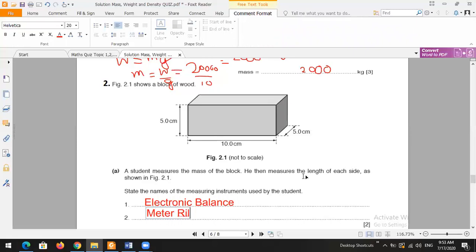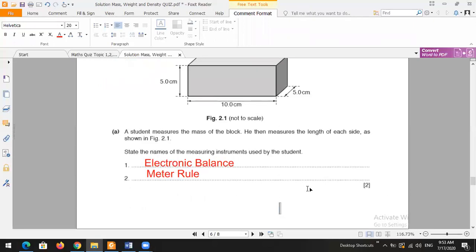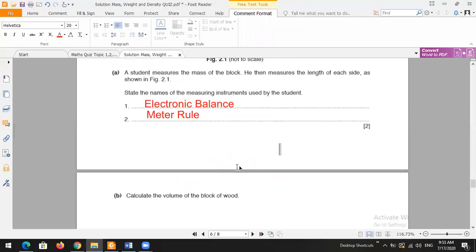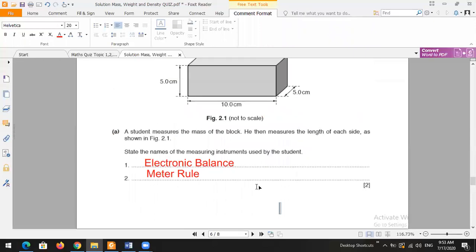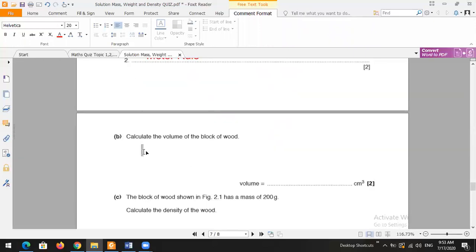A meter rule or half meter rule can be used here to measure these lengths. Calculate the volume of the block of wood. Volume is equal to length times width times height.